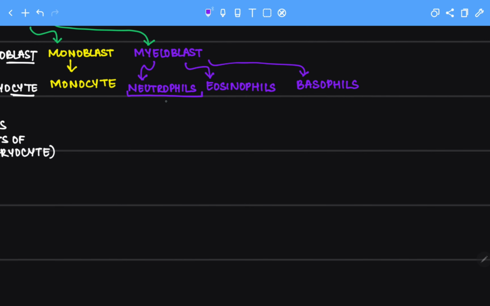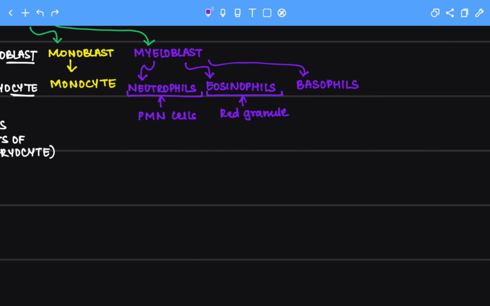Neutrophils have multiple lobes in their nucleus, hence they are known as polymorphonuclear cells or PMN cells. Eosinophil is known to have red granules.